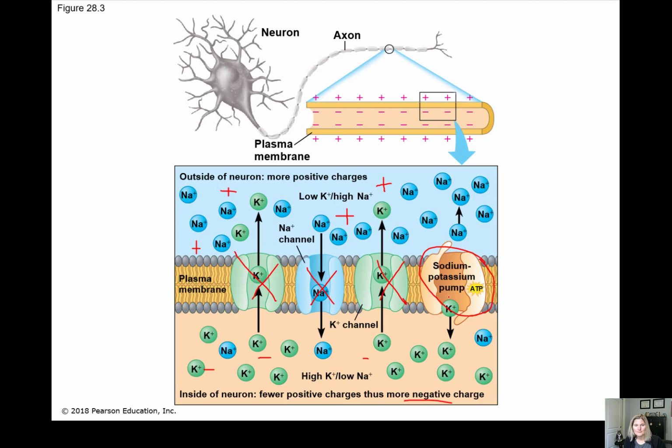In fact, I think there's like 3 potassiums go in for every 2 sodiums that go out. So that's going to change the voltage of the membrane. So we're going to start seeing more negative on the outside, more positive on the inside, as the sodium-potassium pump kind of gets turned on. And so you can see that we have a combination of chemical gradients, high concentration, low concentration, but we also have electrical gradients taking place here.